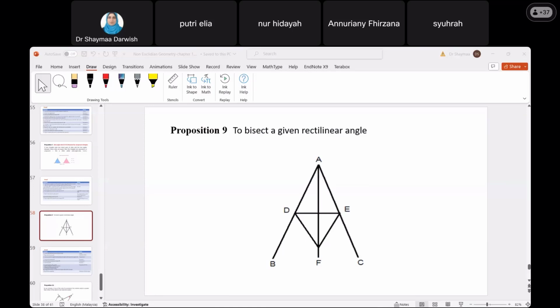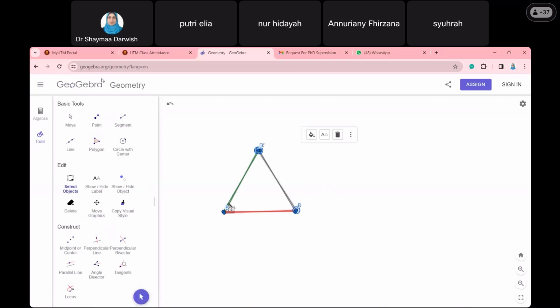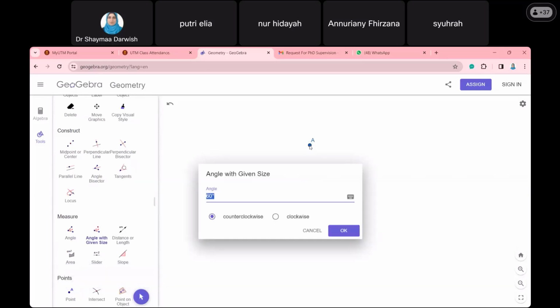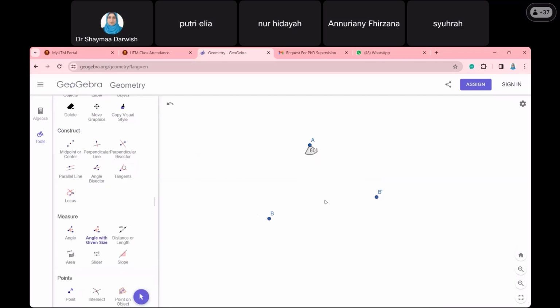How can we do that? Okay, we go here again. Just delete this one. Now I have an angle. We need to draw an angle with different sides, and make it, for example, 80 degrees.